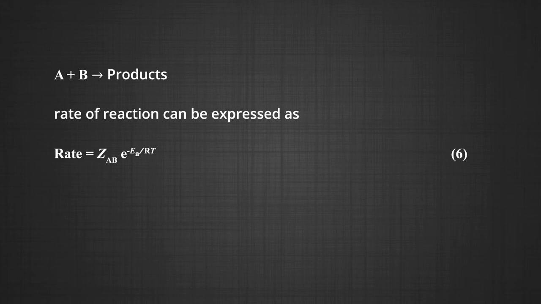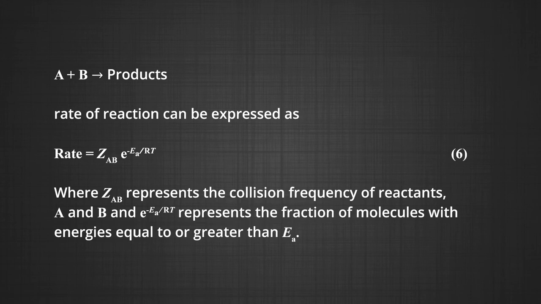The rate of the reaction can be expressed as rate is equal to Z_AB e raised to the power minus Ea by RT, where Z_AB represents the collision frequency of the reactants A and B, and e raised to the power minus Ea by RT represents the fraction of the molecules with energies equal to or greater than the activation energy.